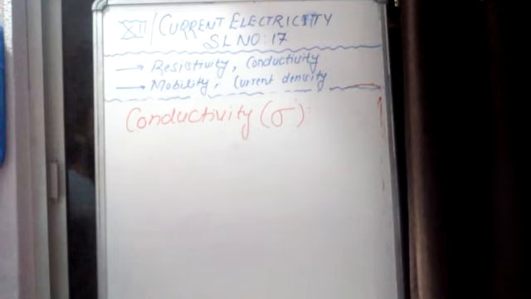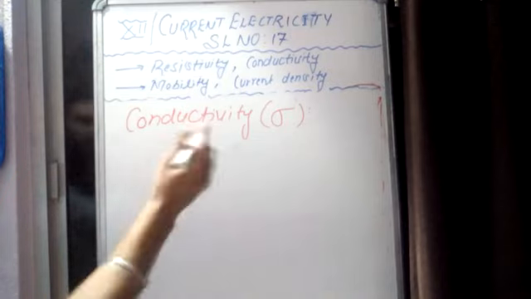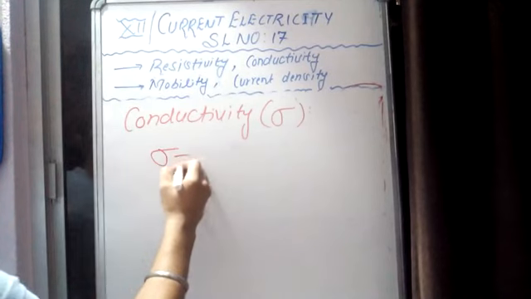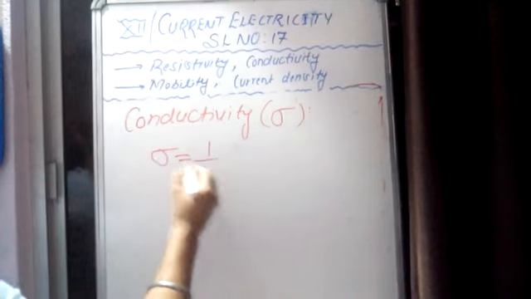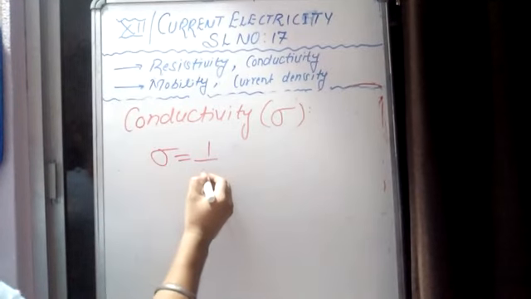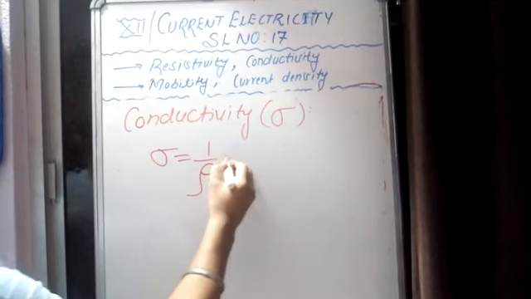So conductivity tells how efficient a conductor is for the flow of current through it. Conductivity is the reciprocal of resistivity.